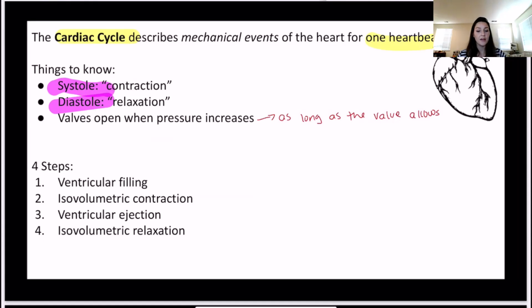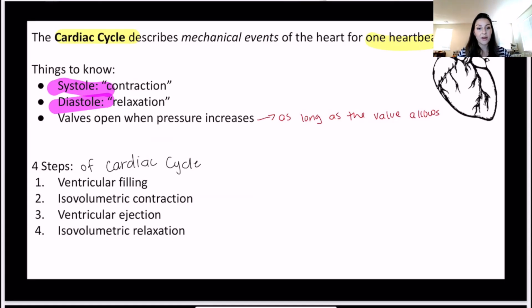We'll get there. Okay, so the cardiac cycle has 4 steps. And so I've drawn the cardiac cycle kind of in this list that goes down, but it is a cycle. So your heart will beat and then it'll beat again. And so it's this very cyclical thing.